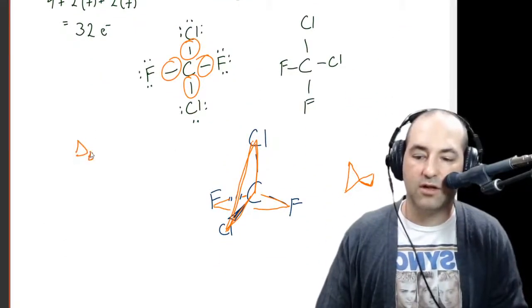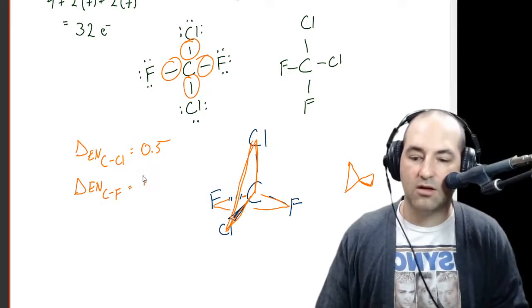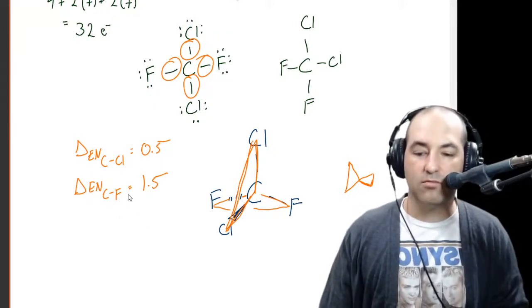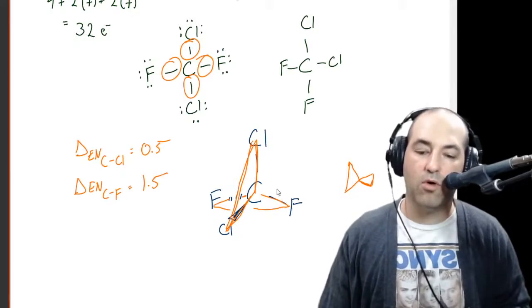So what this tells us is that a carbon-fluorine bond is more polar than a carbon-chlorine bond. So the electrons are pulled more toward the fluorine than they are toward the chlorine.